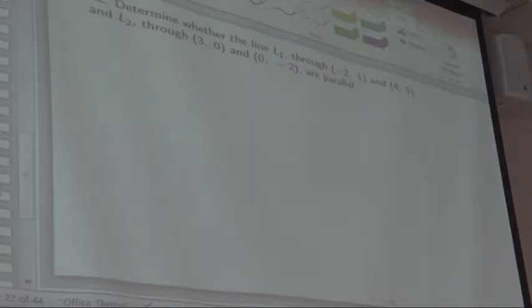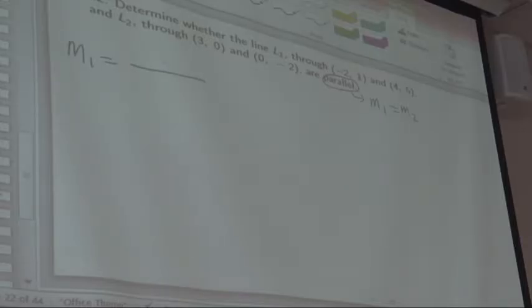Now we want to determine whether the line L1, which is this, and L2 are parallel. What do you mean by parallel? The two slopes M1 and M2 are the same. That's parallel. So we want to find M1 based on these two numbers.